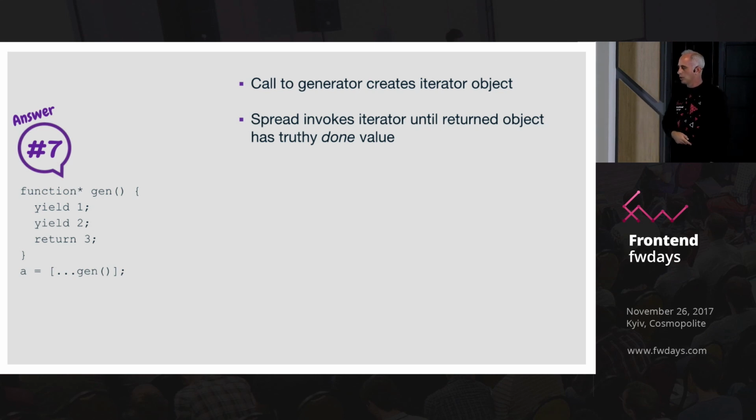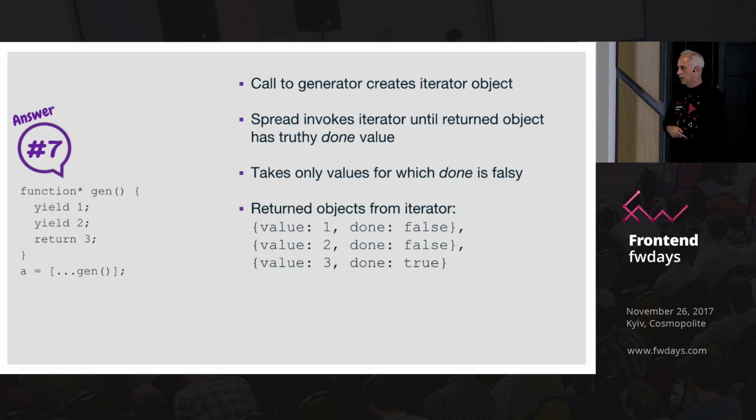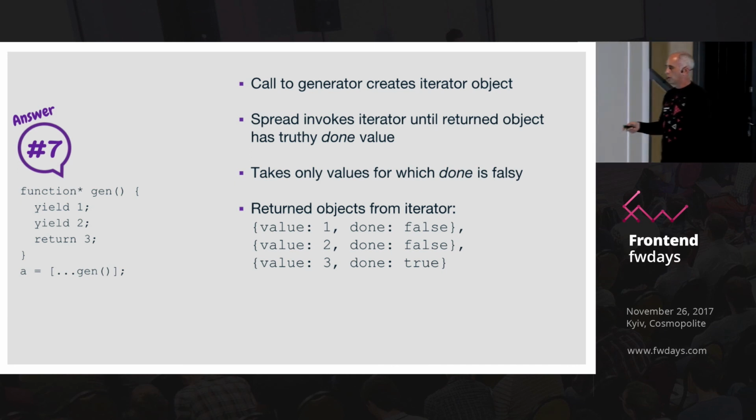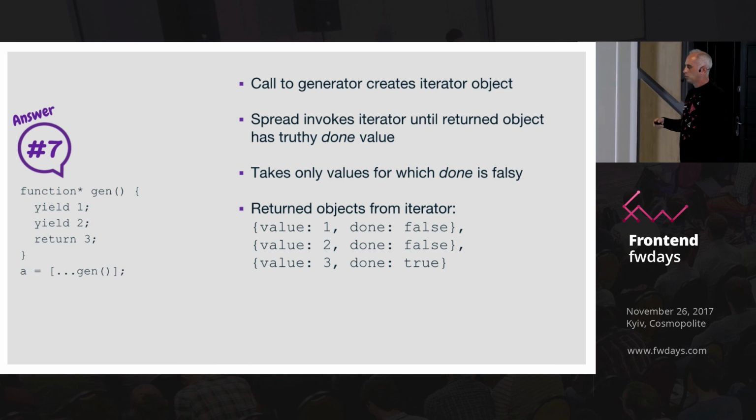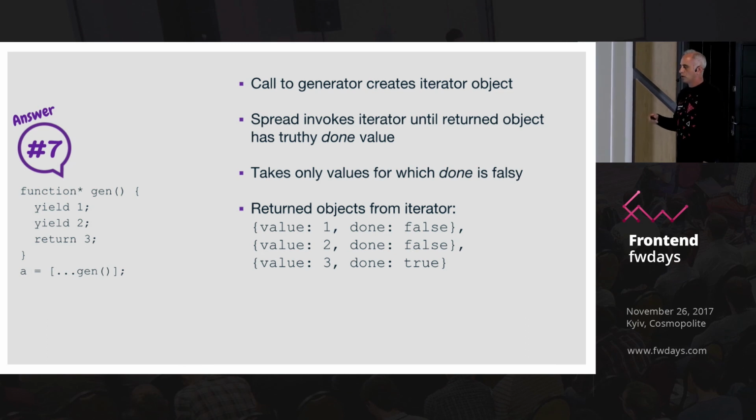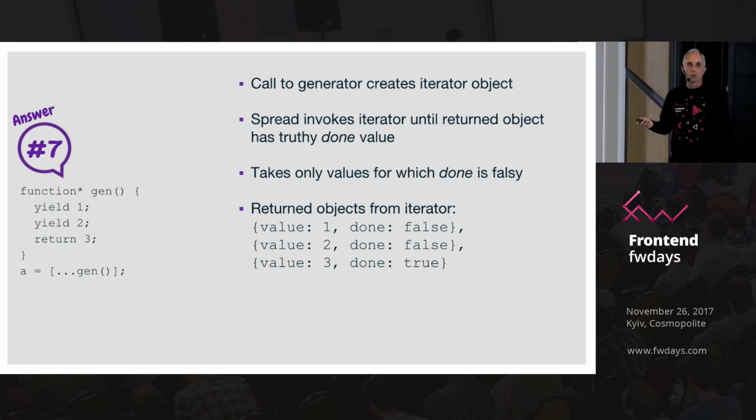So what actually happens here is that it only takes the values for which done is false or falsy. In this case, what the iterator will return are these objects: value 1 with done equals false, value 2 with done equals false, value 3 with done equals true.